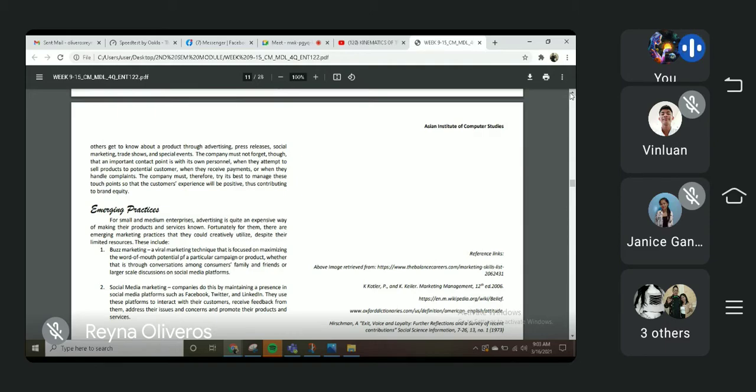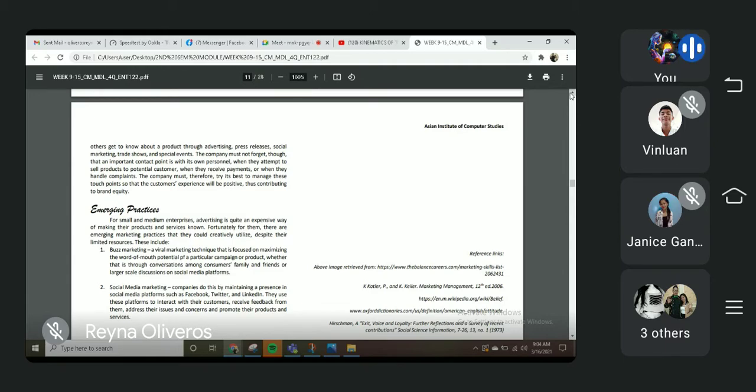Okay? Pag sinabi nating buzz marketing, it is a viral marketing technique that is focused on maximizing the word of mouth potential of a particular campaign or product. Dito pumapasok yung word of mouth ng customer mo o ng consumer mo.